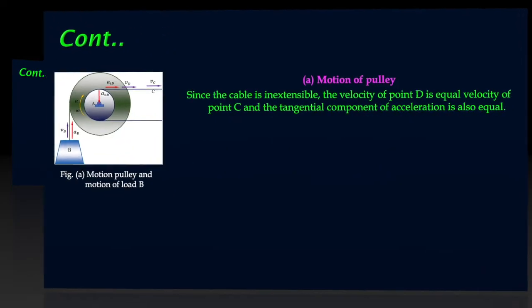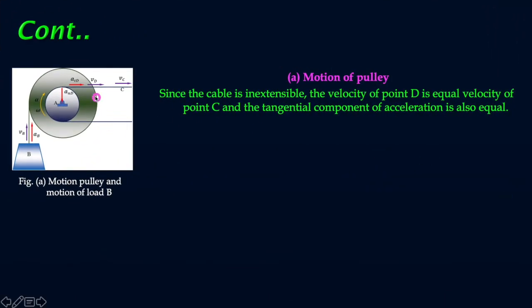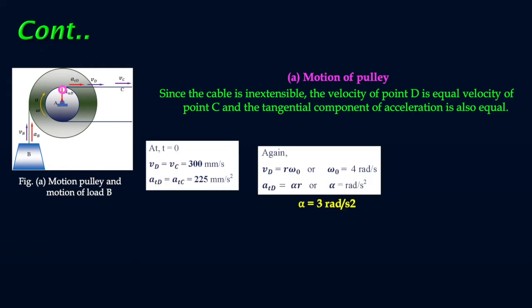Now first we will study the motion of this pulley. The smaller pulley is rotating about this axis A. The radius is given as 75 mm for this pulley, and the tangential component of acceleration and velocity are given as VTC.